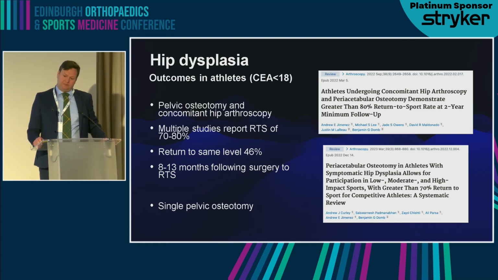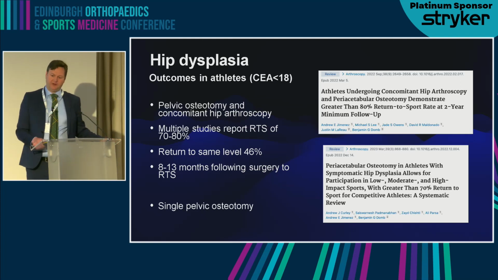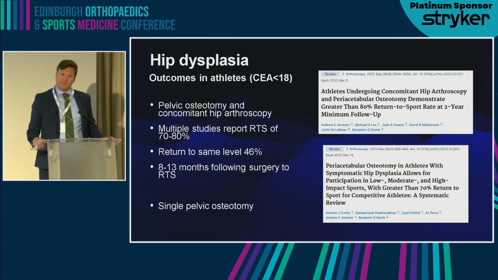But in their report, 70 to 80% again get back to sport, and a similar level as the hip arthroscopy group, and interestingly, get back to the same level of sport that they did before. And of course, as you might expect, for a big operation, it takes a bit longer than the hip arthroscopy. But in actual fact, there's not a massive difference between hip arthroscopy and this big pelvic osteotomy in terms of the results.